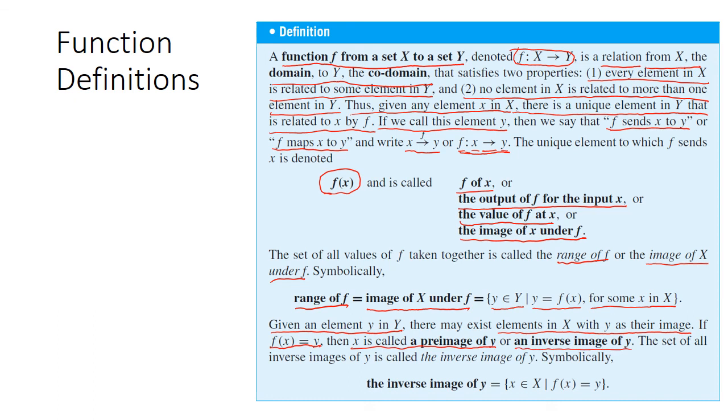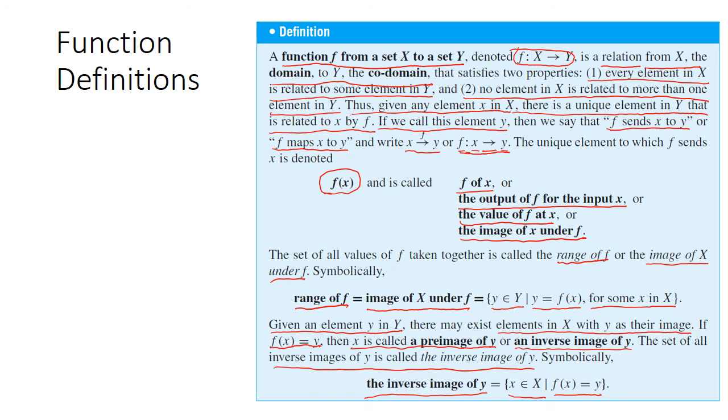The set of all inverse images of y is called the inverse image of y. If you take together all the little x's that give you y as an output, that is the inverse image of y. Symbolically, the inverse image of y is the set of all little x in big X such that f of little x equals little y.